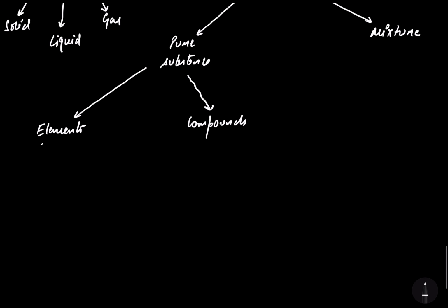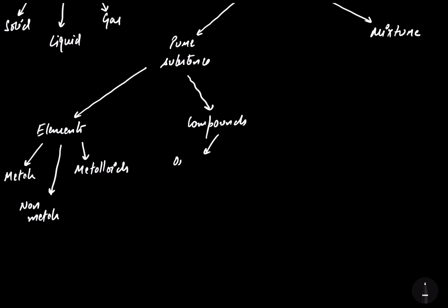In elements, I have given you the three terms: metals, non-metals, and metalloids. For compounds, I have given you the two types, the organic compounds and inorganic compounds.